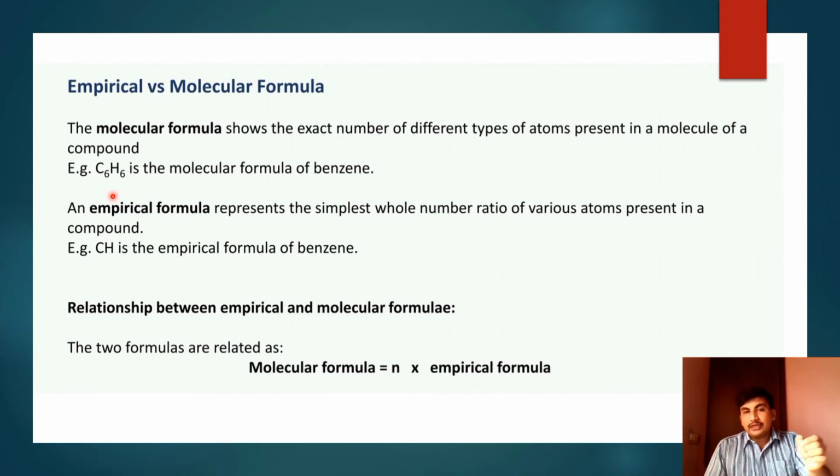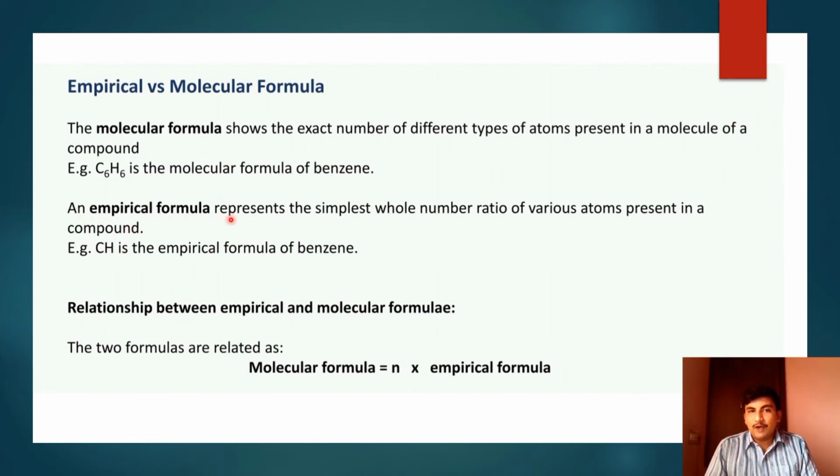So we have to reduce it to the simplest whole number ratio, that is 1:1, right? If it is 6:12, then 1:2 is the simplest whole number ratio. But here 6:6 is there, so we reduce it to the simplest whole number ratio, that is 1:1. So that is the empirical formula of benzene.